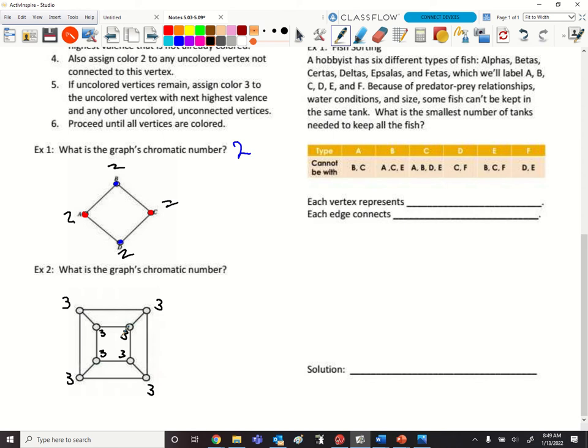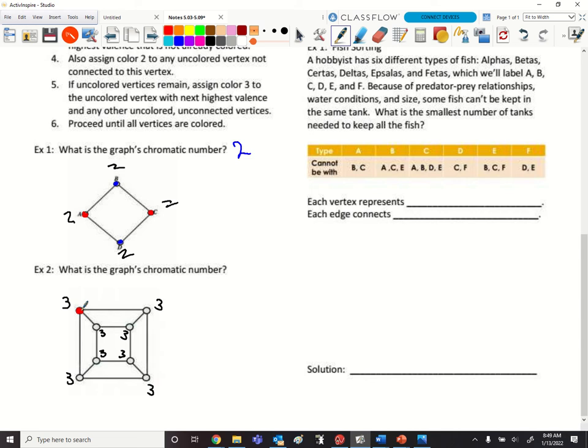So my first color is going to be red. Color 1, start somewhere. There you go. Now, let's look. Which ones are connected to that color?